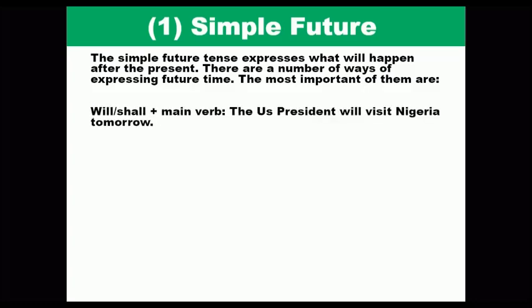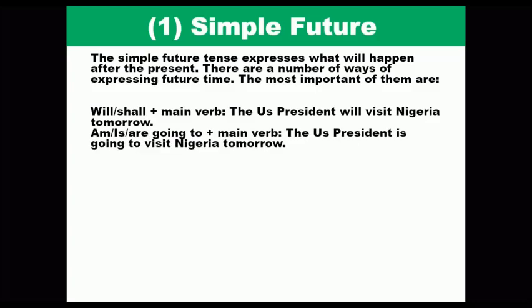You combine will or shall with main verb. For example, the US president will visit Nigeria tomorrow. You can also combine am, is, or are with going to plus main verb. For example, the US president is going to visit Nigeria tomorrow.